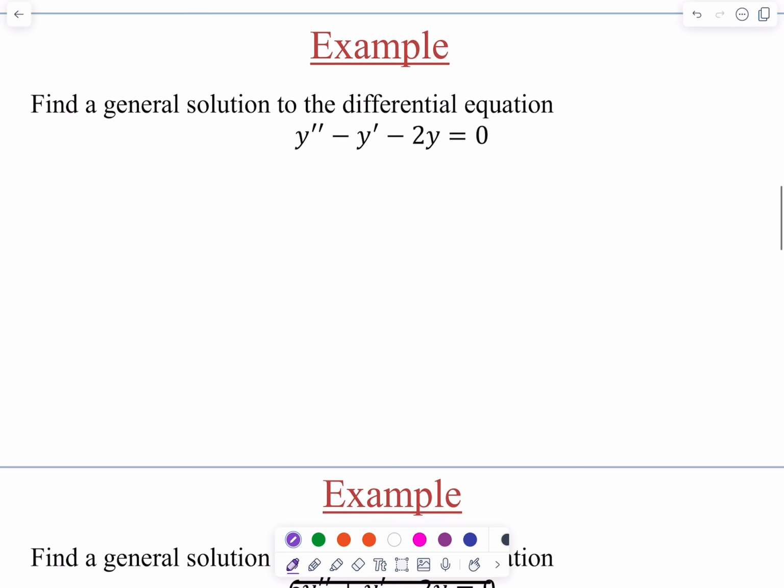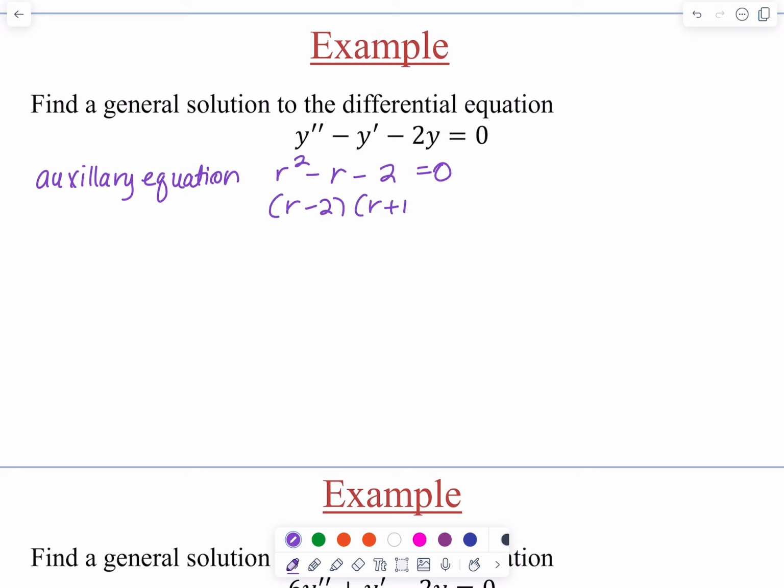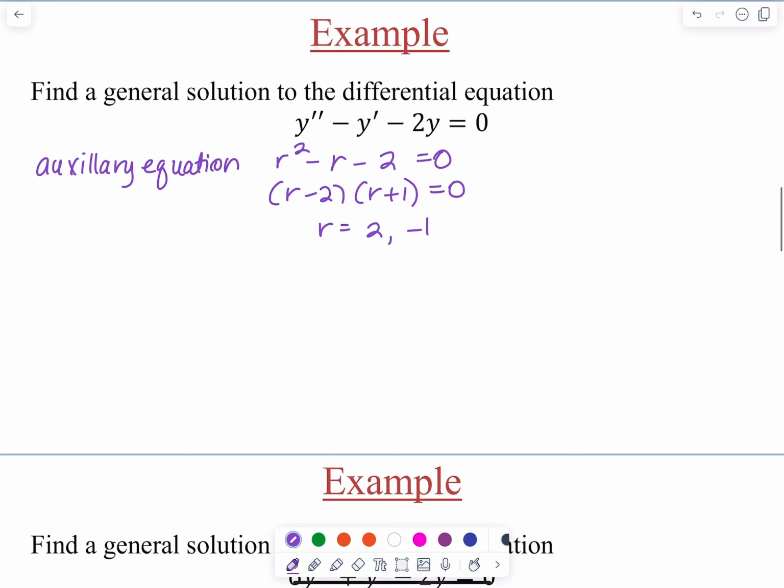So let's look at this example, find the general solution to this differential equation. As you can see, our auxiliary equation is going to be r squared minus r minus 2 is equal to 0. And we can factor that. r minus 2 multiplied by r plus 1 is equal to 0. So we have r is equal to 2 and negative 1. So we could say that r sub 1 is equal to 2 and r sub 2 is equal to negative 1.